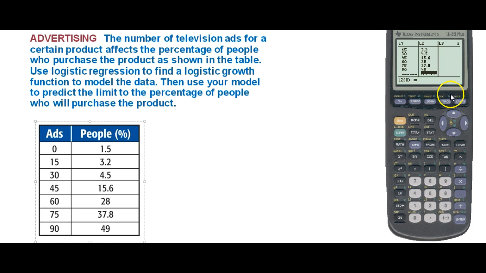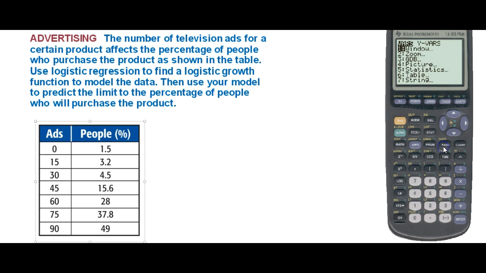So let's go ahead and go to our stat and then calc, and let's see if we can find logistic, which on my calculator is letter B. And then we'll go ahead and do L1 comma L2, and we'll put it in our Y, because this one will be a really complicated one.